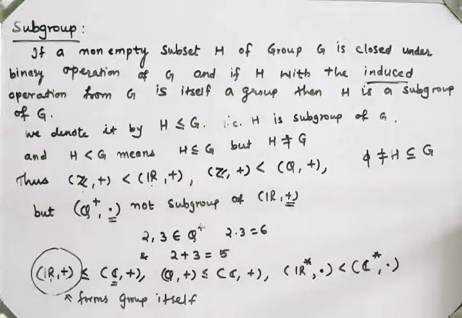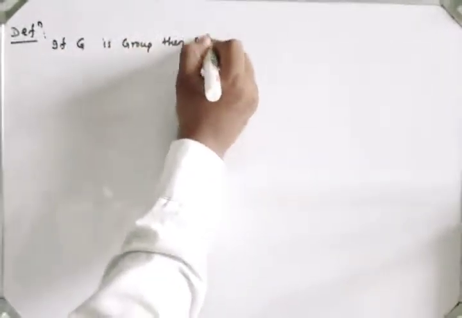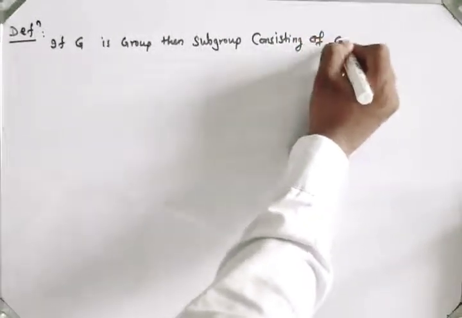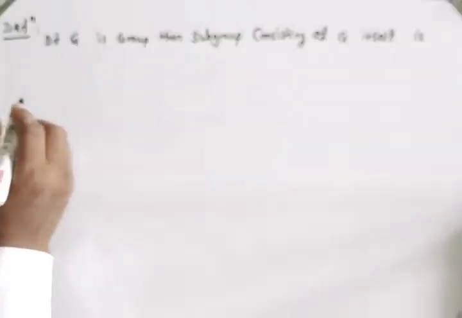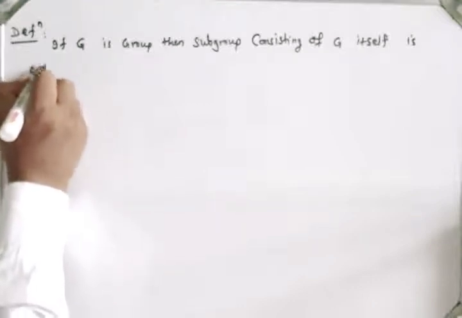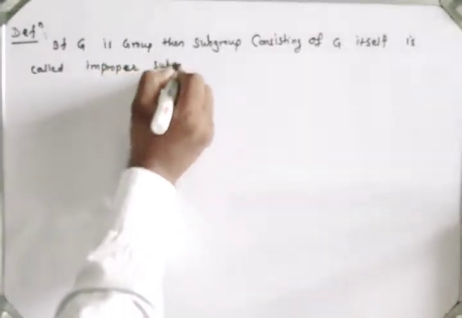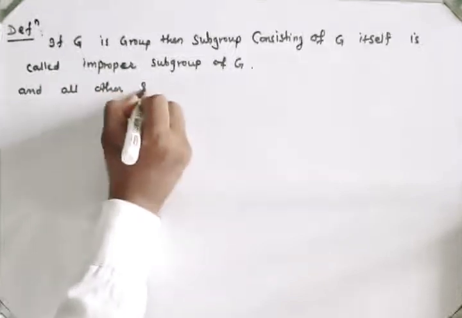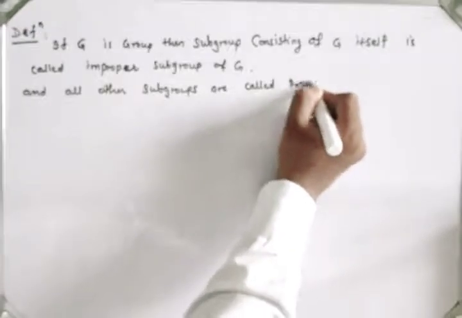Now next definition. If G is a group, then the subgroup consisting of G itself is called an improper subgroup of G, and all other subgroups are called proper subgroups.